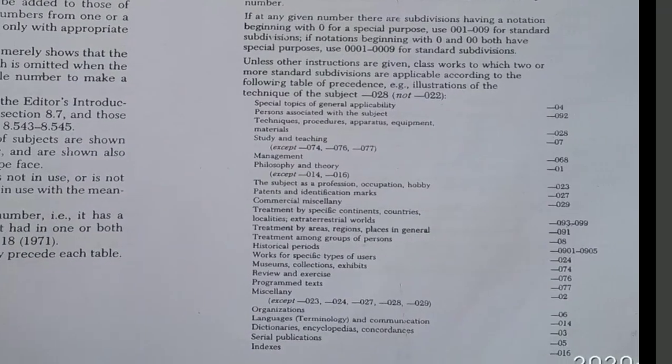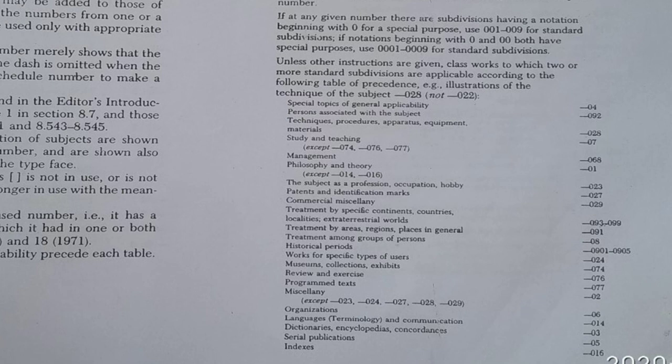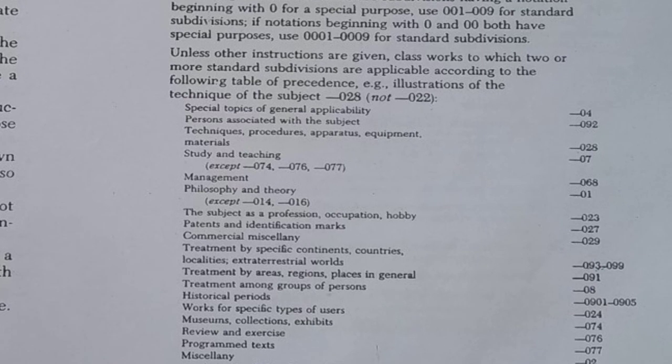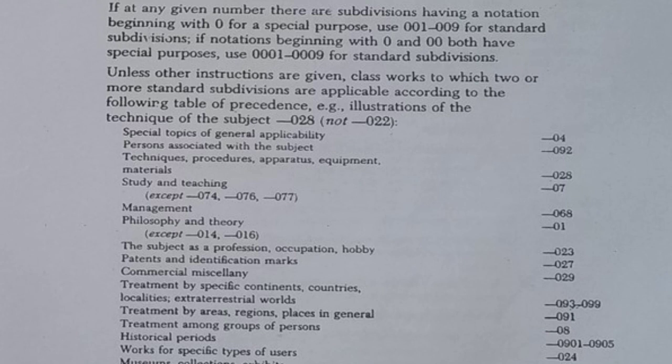Table of precedence means which notation will come first, which notation is preferred more. Unless other instructions are given, class work to which two or more standard subdivisions are applicable according to the following table of precedence. We have to follow this table of precedence.